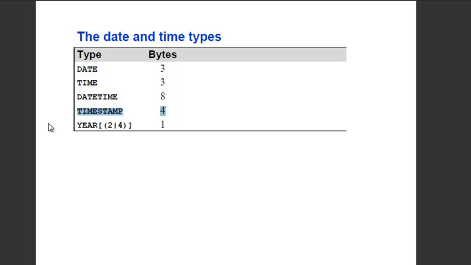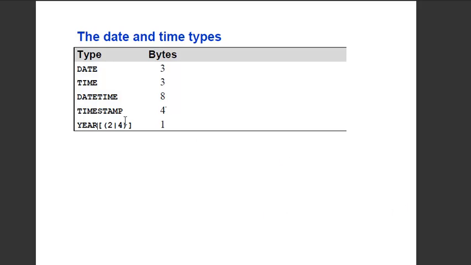Now, there is also another type called year, and this type enables us to store just the year. That format is limited to dates between 1901 and 2155. So there's some limitation here as well, but it gives you some functionality to store just years.